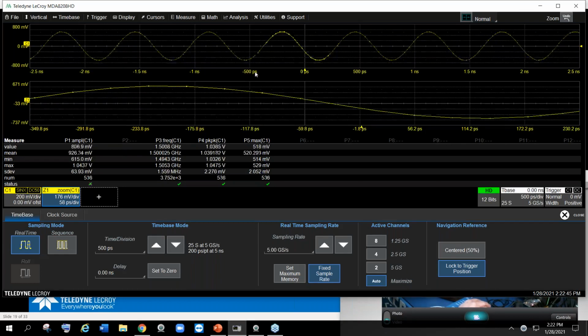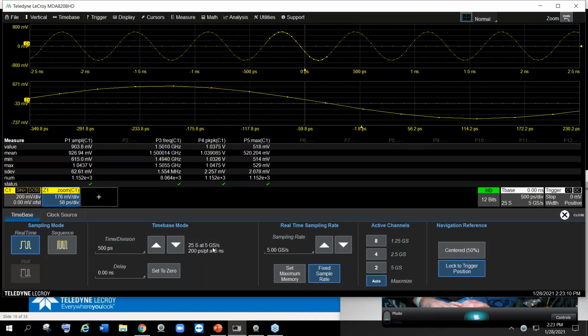So it looks like a nice sine wave, right? But it really is, we have connect the dots turned on as our default. And so we will build up a waveform here, but it's so important to understand how much sampling, what's our sample rate, what's the time point divisions. Right now we are at 500 picoseconds per division on the main trace.